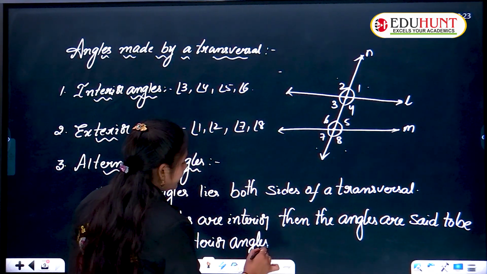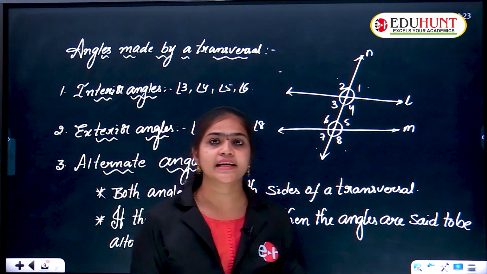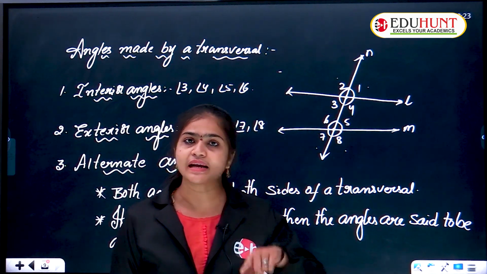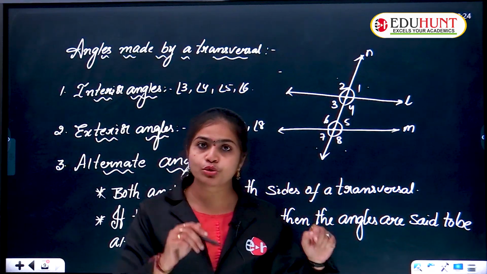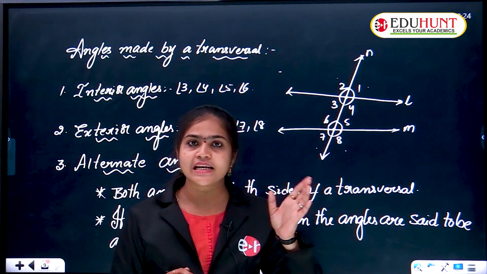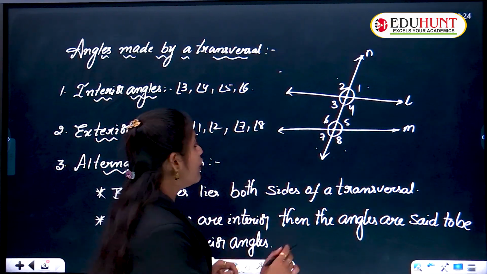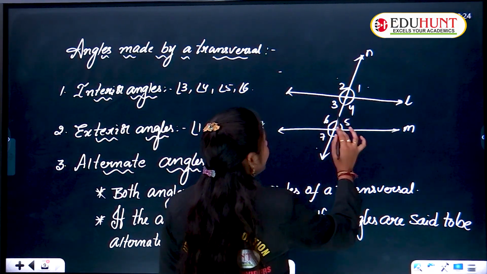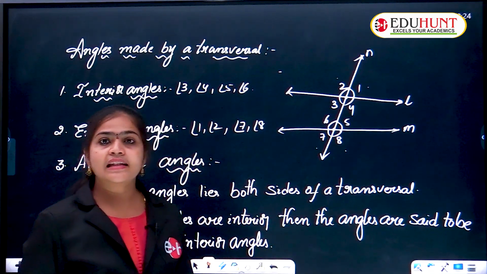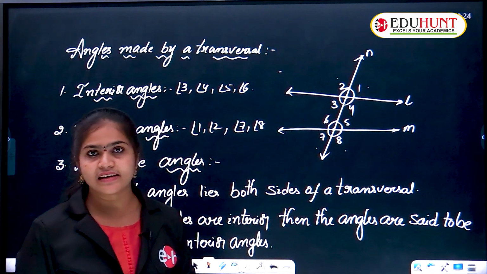Understood? What is the definition of alternate angles? Two angles lie on both sides of the transversal. If those two angles are also interior angles, then we can say that those two angles are alternate interior angles.